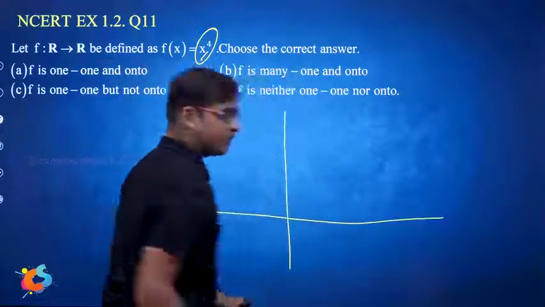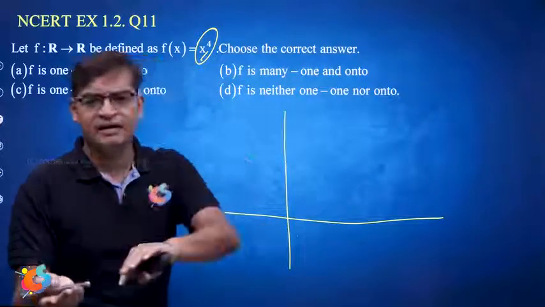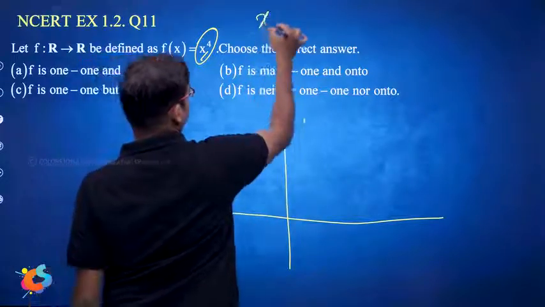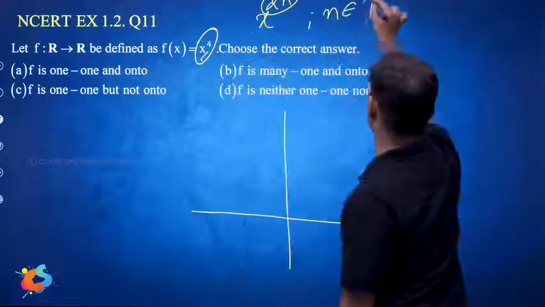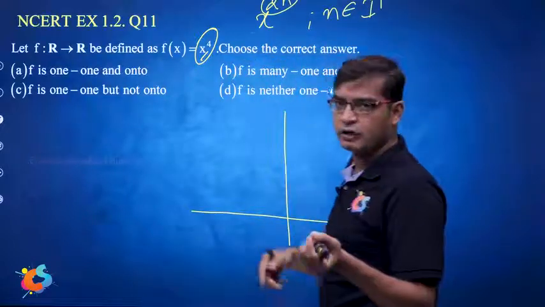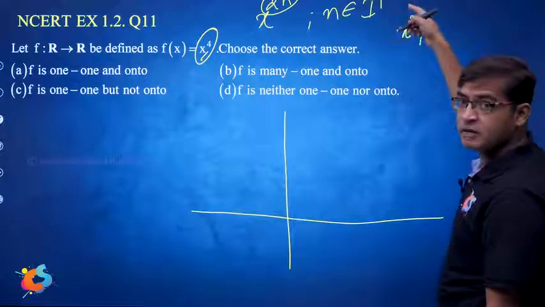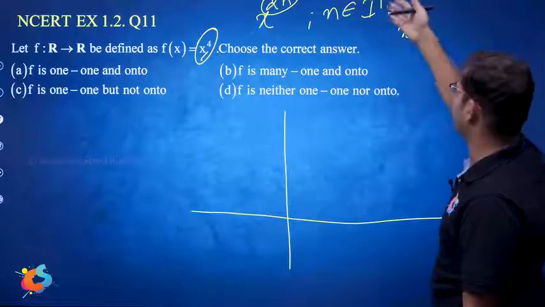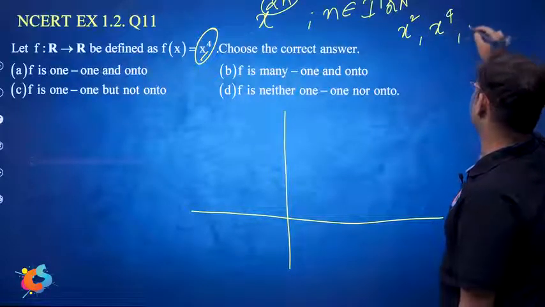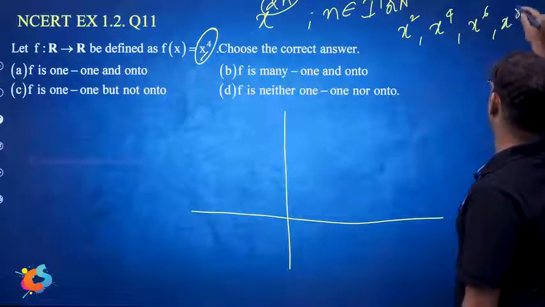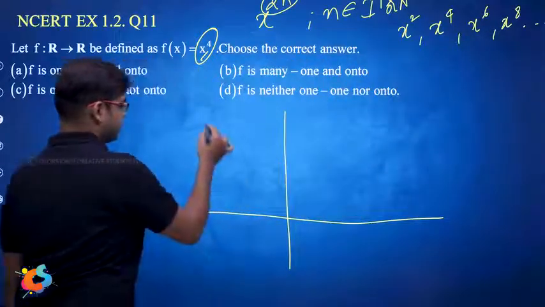The x square graph, x power 4 graph, x power 6 graph, x power 8 graph, x power 2n, where n belongs to positive integers or natural numbers. So x power 4, x power 6, x power 8 all have the same type of graph, which is not a parabola, but it is like this only.